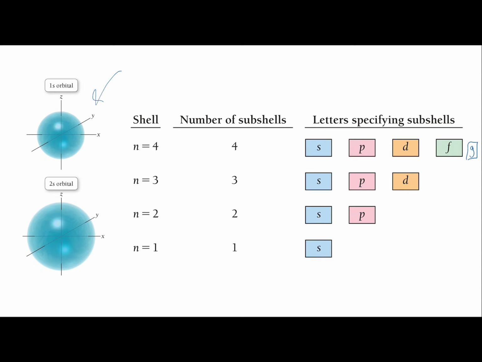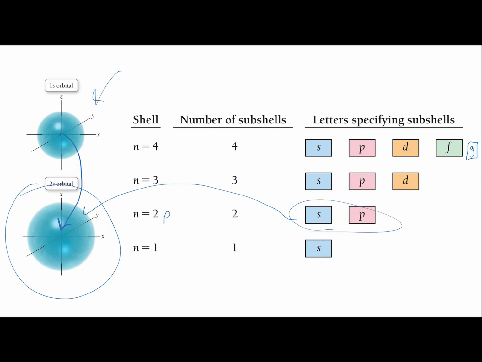So this 1s fits inside the 2s, and then if there's a 3s, it'll go on the outside of that. All of the subshells within the same number would fit within the same area. So a 2p orbital would also be found within the 3s to some extent. We're going to see that their shapes do play a part here.